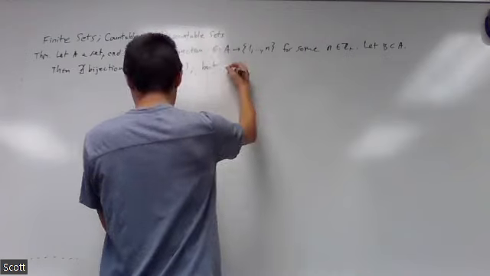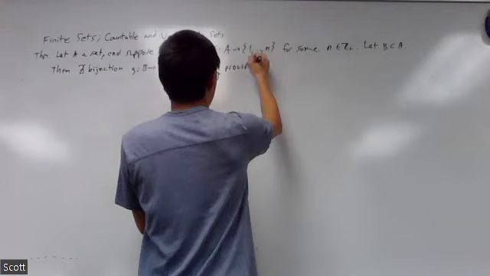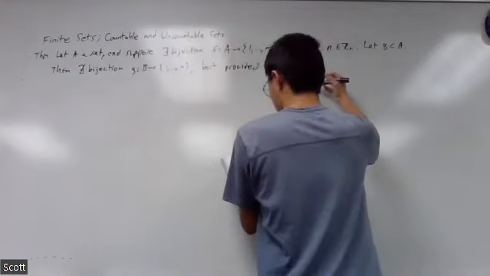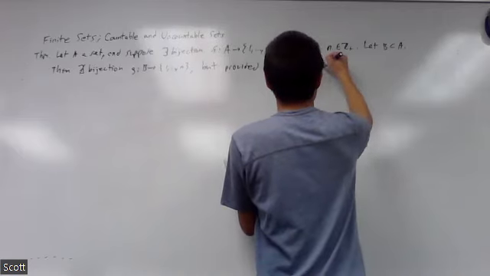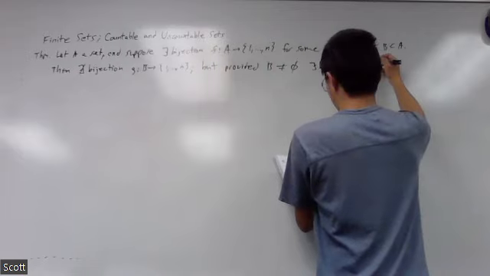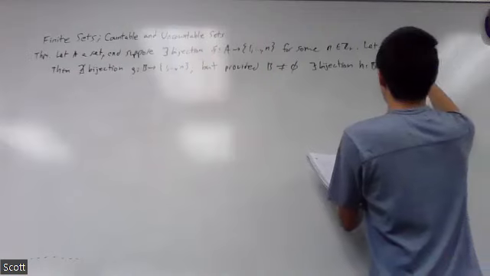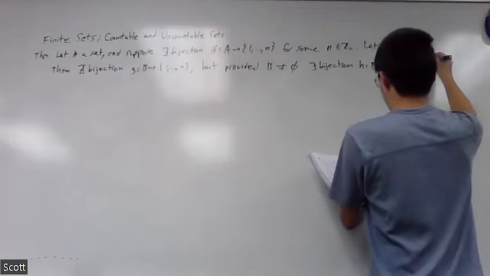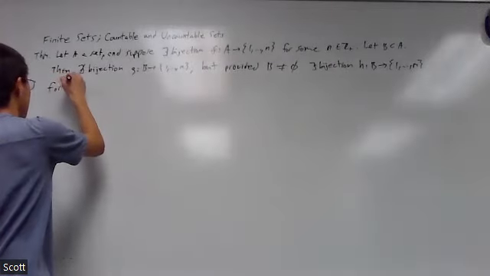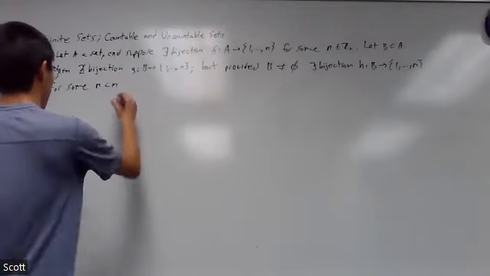But provided that we don't have an empty subset, so provided that B is non-empty, there does exist a bijection that takes B to a section through m, for some m less than n.